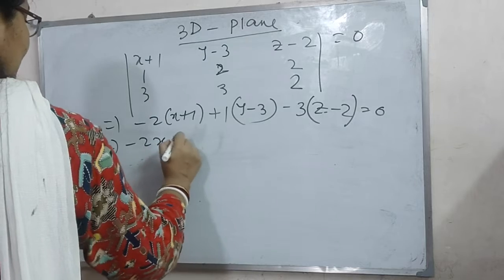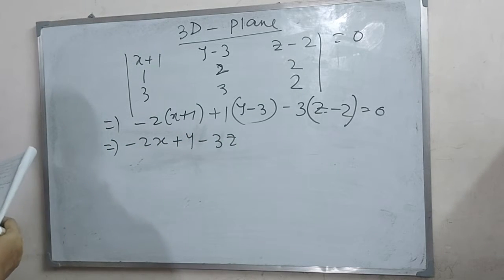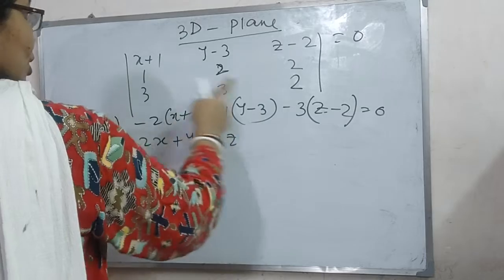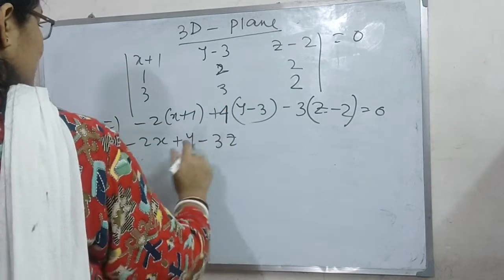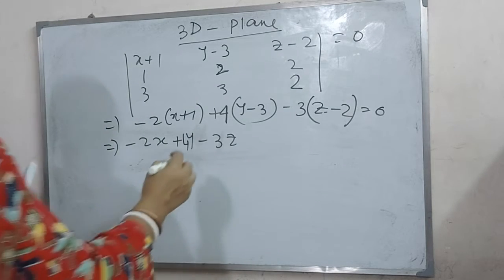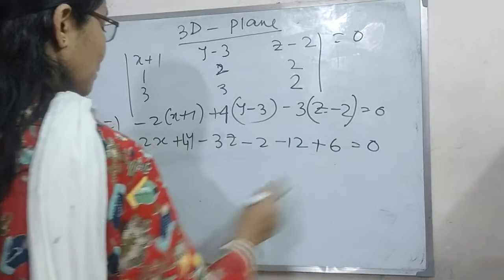Minus 2x minus 2, plus y minus 3, and 2 minus 6 that is minus 4, that is plus 4y minus 3z, minus 2 minus 12 plus 6, this is equal to 0.